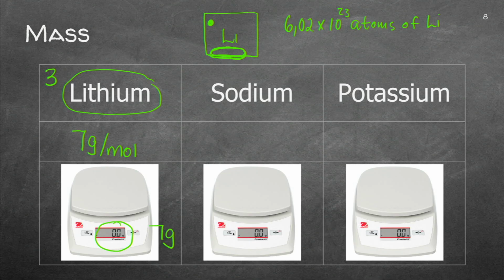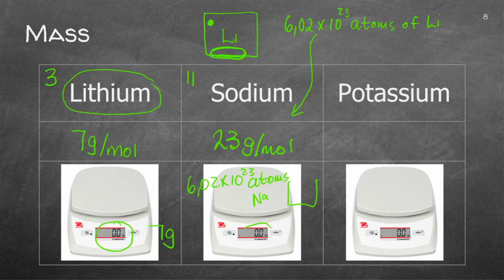Sodium will be the element just below lithium, 11. If you have a look at the molar mass of sodium, you'll get 23 grams per mole. And again, if I put 6.02 times 10 to the 23 atoms of sodium in a container, I will have a reading of 23 grams.